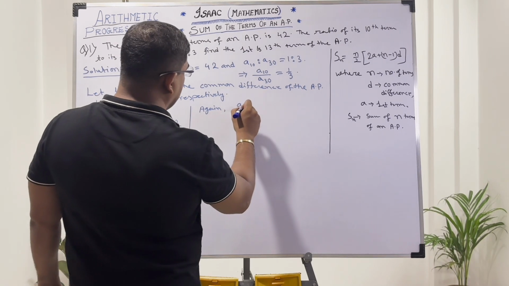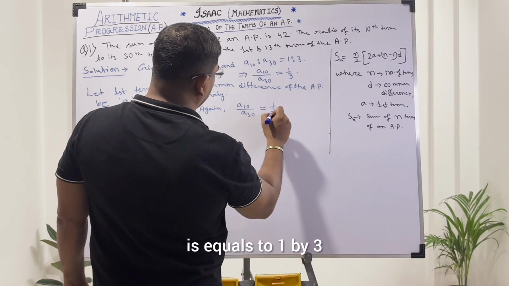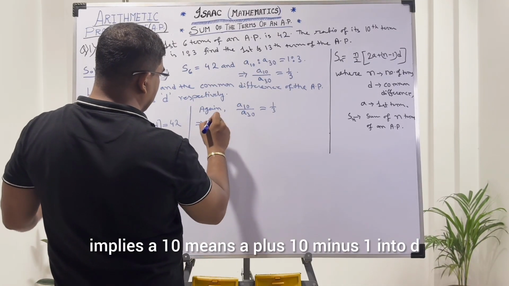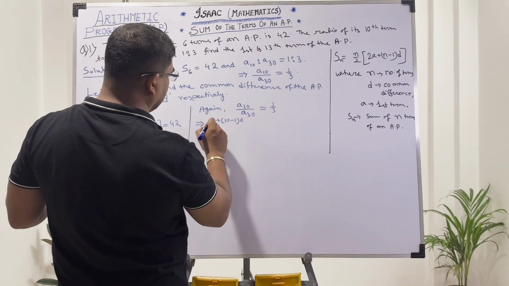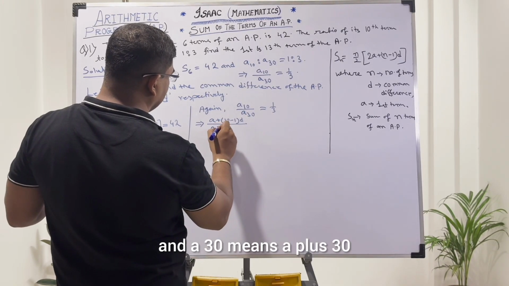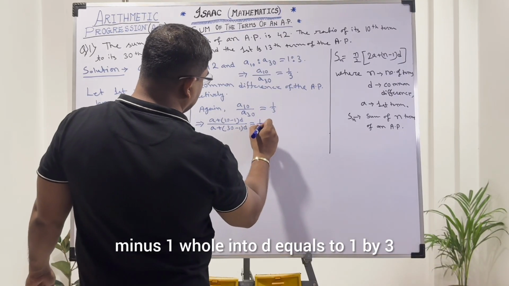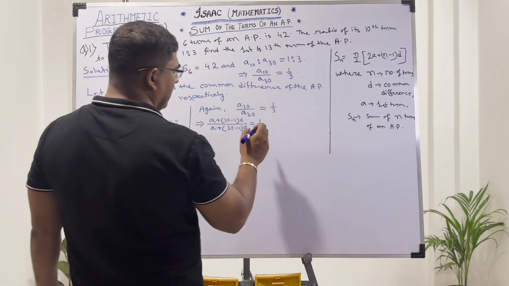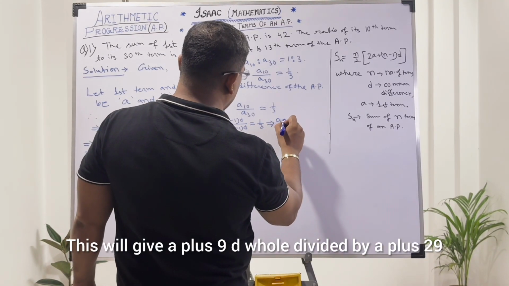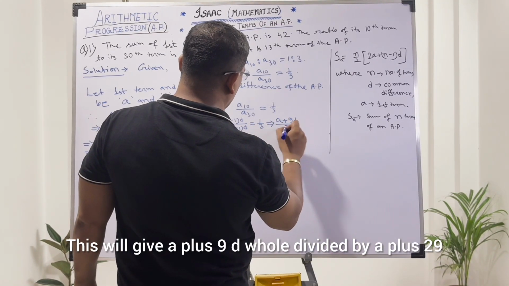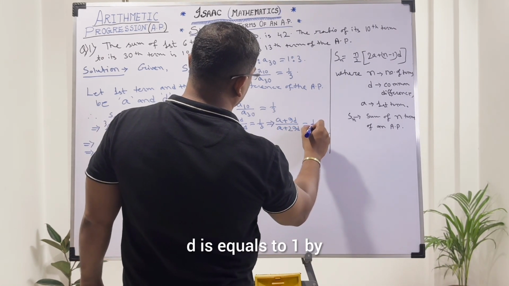Again, A10 by A30 equals 1/3 implies A10 means A plus 10 minus 1 into D and A30 means A plus 30 minus 1 into D, equals 1/3. This will give A plus 9D divided by A plus 29D equals 1 by 3.